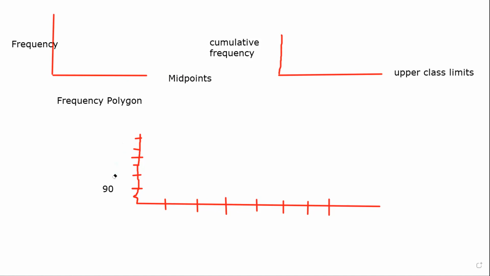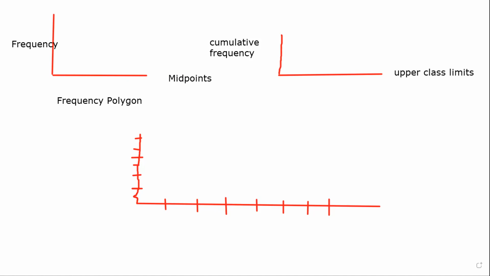So my midpoints are going to be on this axis. I didn't write these down. This is 94. I didn't write the frequency. So let me write what the frequencies are. What are they? Let me go back. That was my mistake. New screen share here.